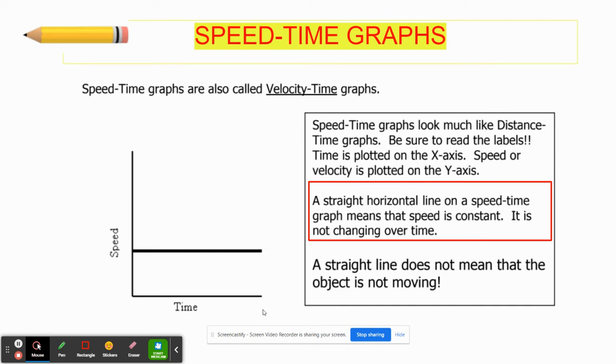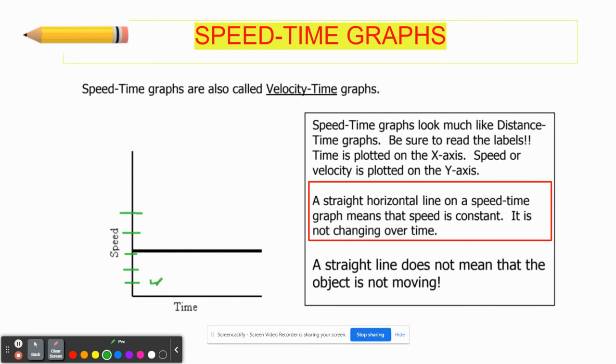All right, these are speed time graphs. Here we go, see, over here, speed. On a speed time graph, if you have a straight horizontal line like this, that means whatever object we're looking at is going at a constant speed. It doesn't mean that it's not moving. One thing that I always tell kids, and it helps me a lot, is to just add some numbers in here. So if I just add some numbers, it gets super easy.